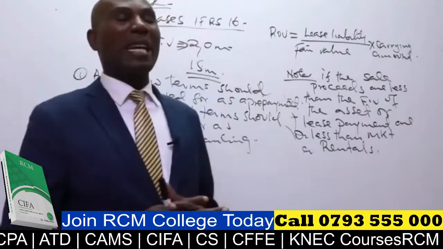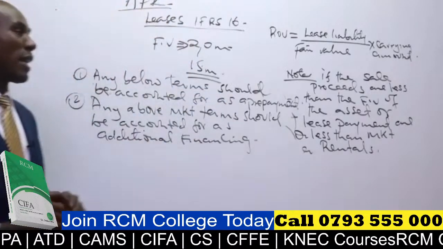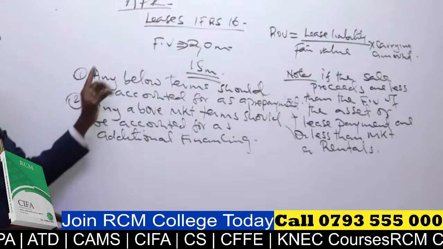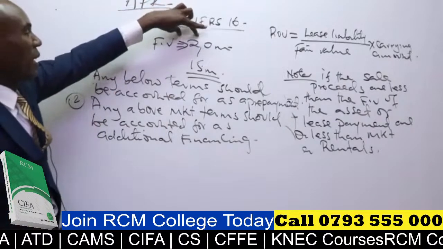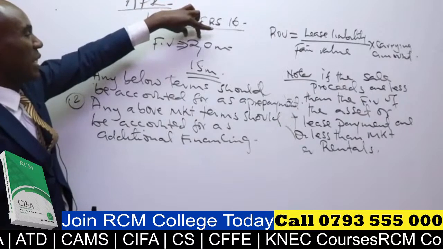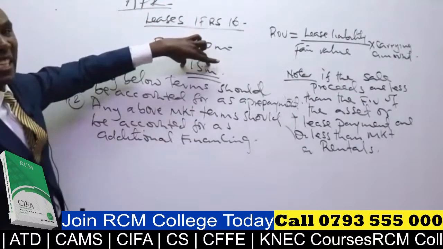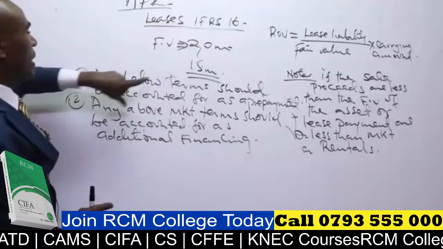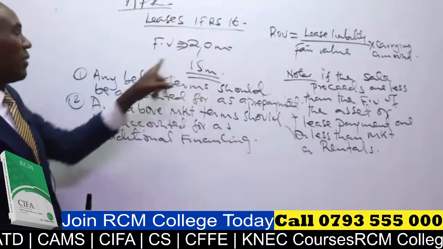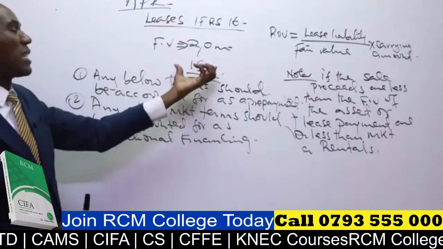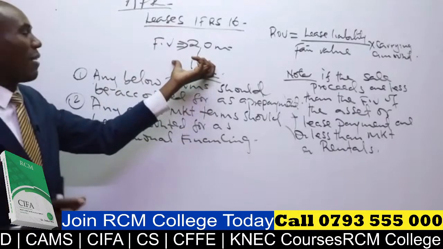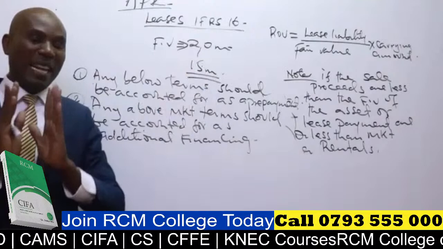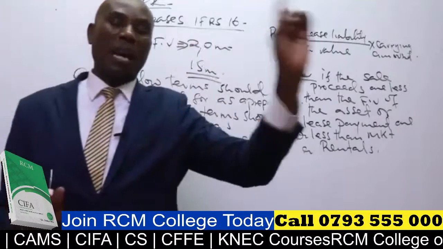Let me explain again so that we come to the same page. The fair value is 20. You gave me 15 instead of 20. Therefore, this is what we call below terms. If it is below terms, which means I received less than the fair value, then in a lease, we say you have made a prepayment.